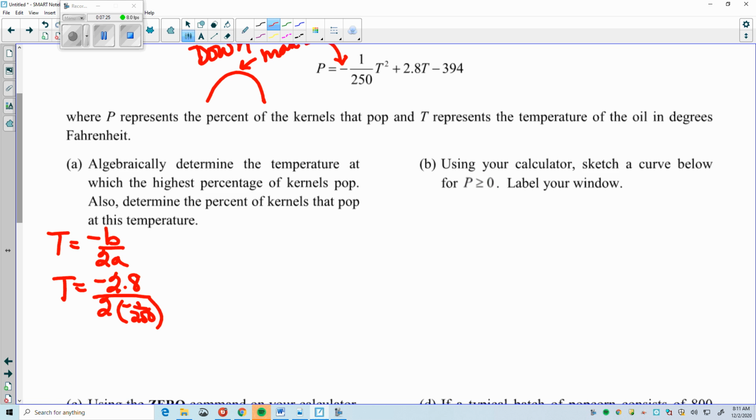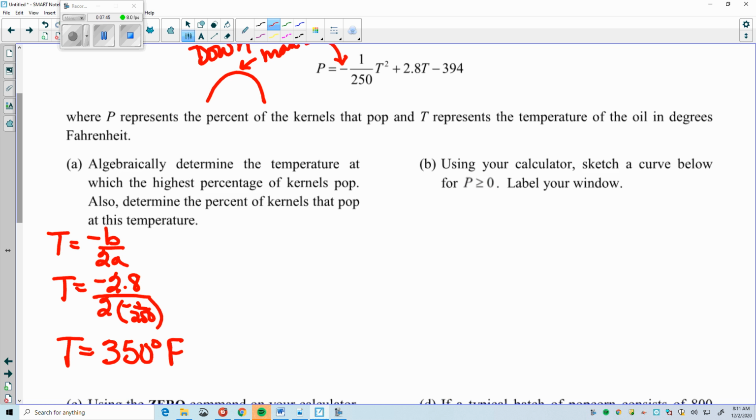Use your fraction template for both of these things on your calculator. When you do, and I'm going to ask you to try this on your own, make sure that you're getting this value. This value should be 350 degrees Fahrenheit.